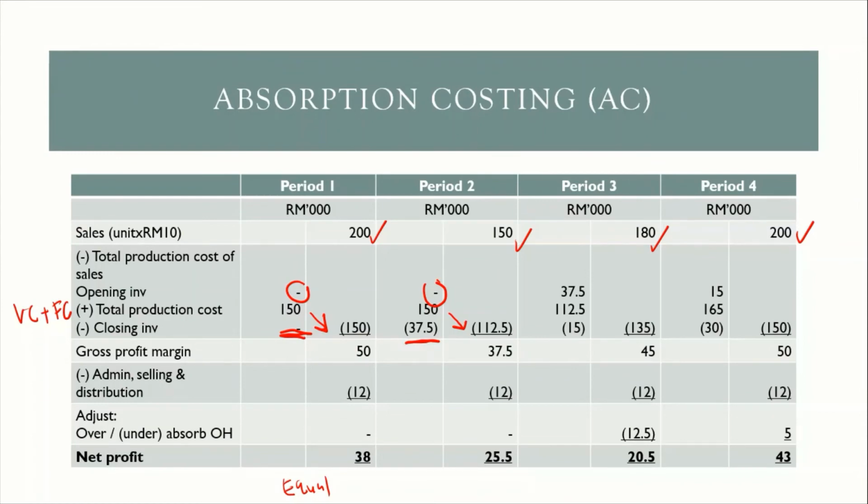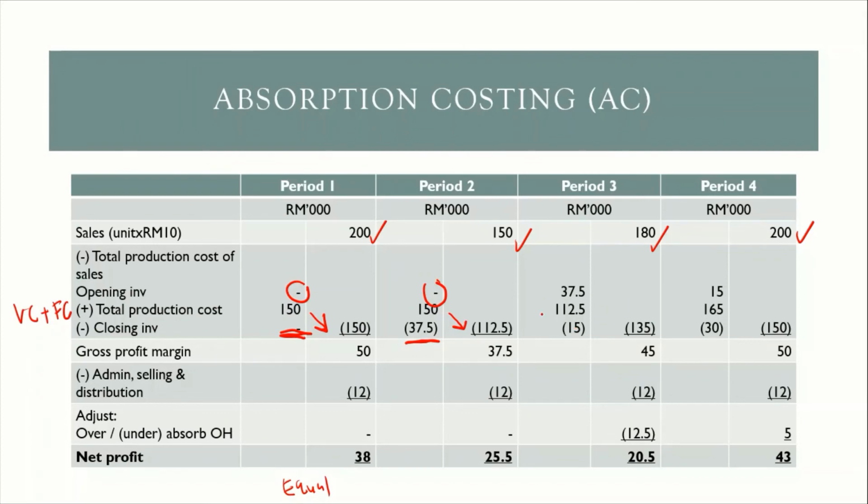So in period 3, the situation is that sales is bigger than production. Okay, so the sales revenue is as displayed. In the production cost calculation, we can see that the opening balance is gained from period 2. And the total production cost is due to the change in production units. Okay, so the production units for period 3 are different from period 1 and 2.